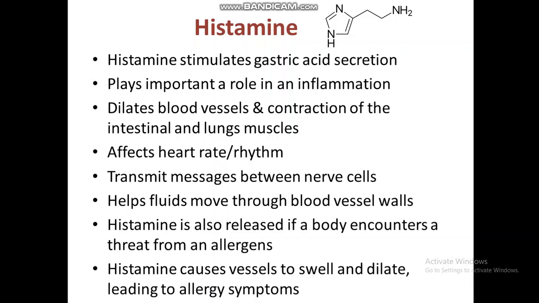Histamine is also released if the body encounters a threat from allergens. Histamine causes vessels to swell and dilate, leading to allergy symptoms. So these are the different functions of histamine.